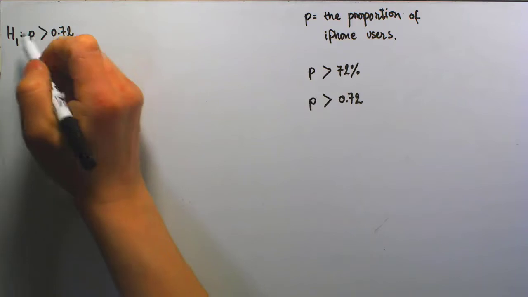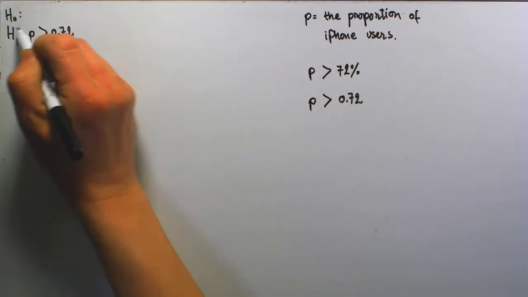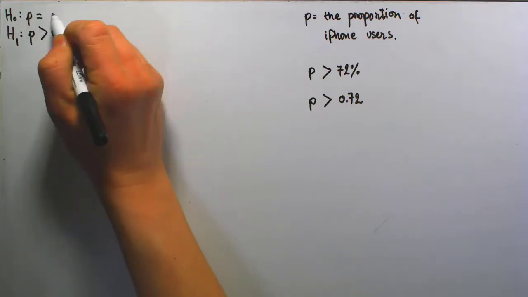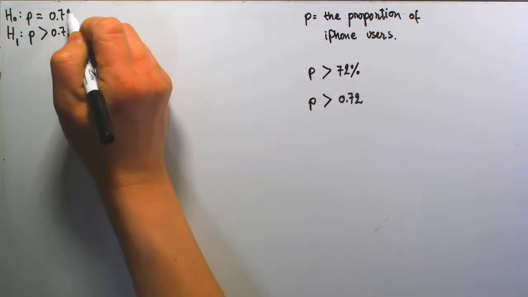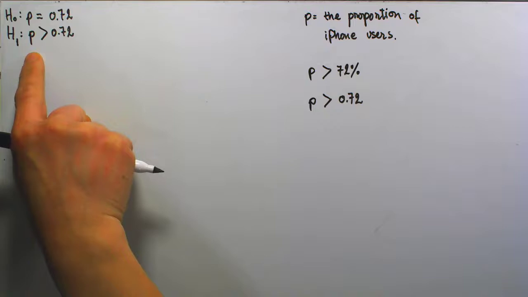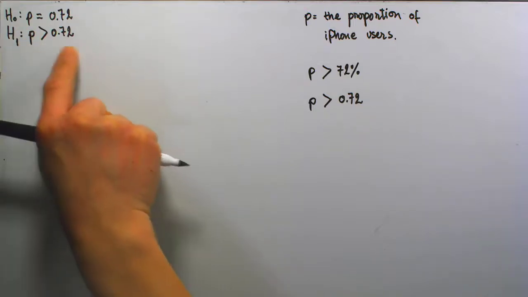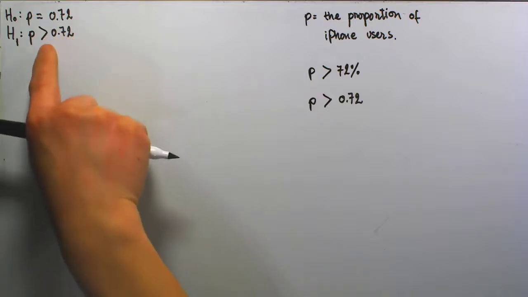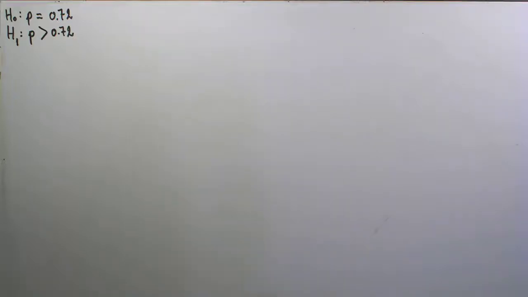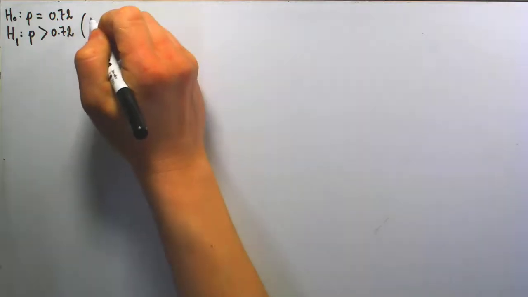And just like that, now we can easily identify the null hypothesis, which says P is equal to 0.72. So as you have seen, the null hypothesis is simply a repeat of the alternative hypothesis, but substituting that inequality with the equal sign. The test we will be doing here is regarded as a right tail test.